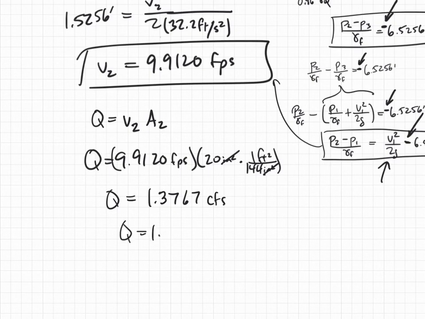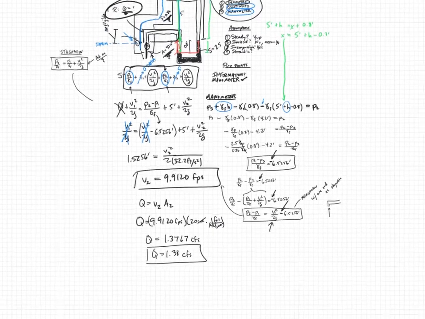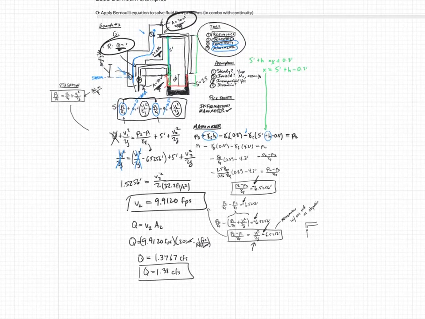So we get Q equals 1.38 CFS, and that would be the solution. Very hard problem, no question about it. Obviously a lot of messy work, but all the work looks messy when you zoom far enough out. But the most important thing here, the major weirdness, is right here.